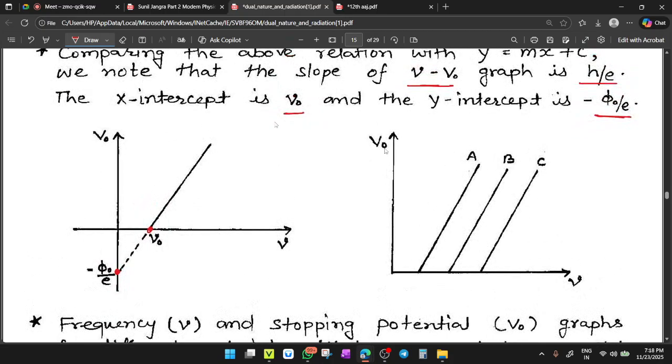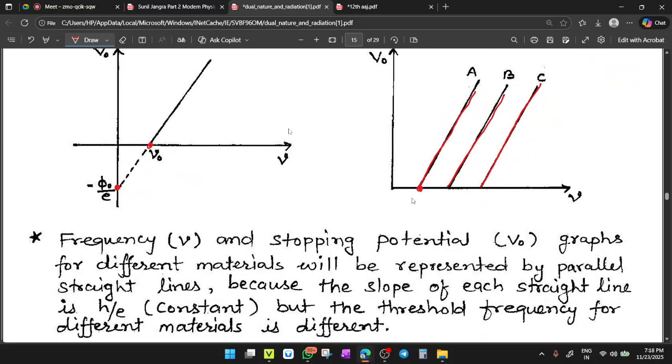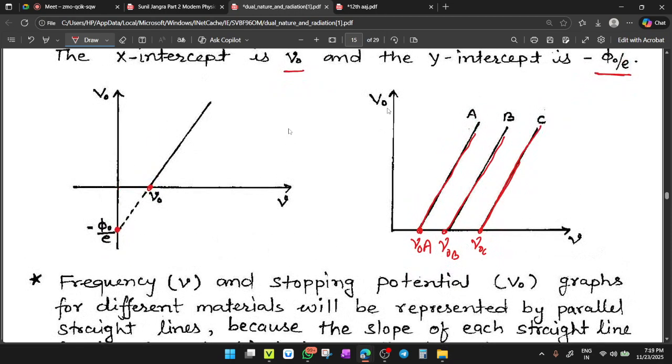So there is a straight line relationship: if you increase the frequency, the stopping potential also increases. This is the first threshold frequency nu naught A, second threshold frequency nu naught B, and third threshold frequency nu naught C for metal C. Above the threshold frequency, if you increase the frequency of radiation, then stopping potential increases.